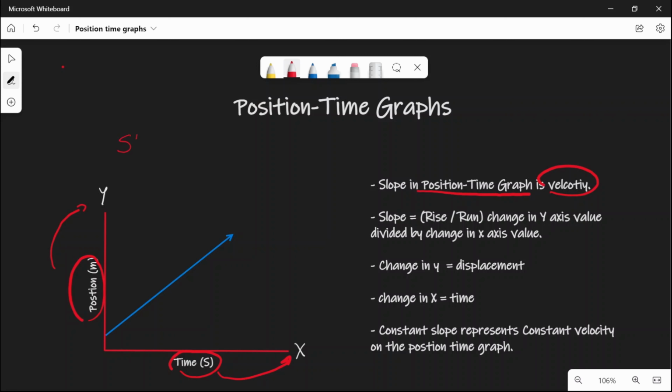We know that the slope is equal to y2 minus y1 over x2 minus x1, and velocity is equal to the final position minus the initial position over the final time minus the initial time.